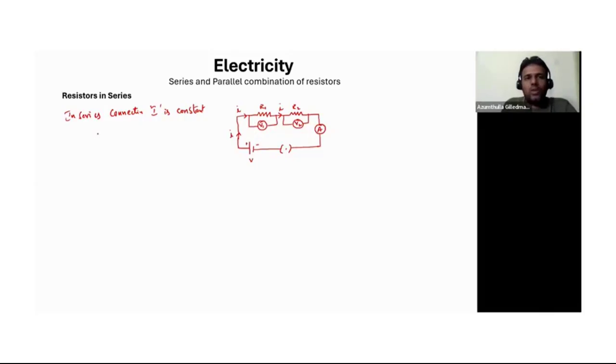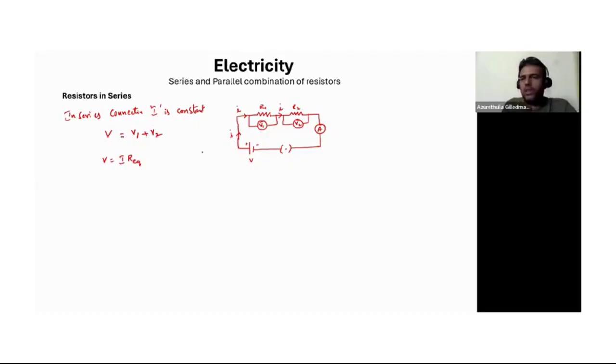Then what is V? V is the potential difference at the source, which should be equal to V1 plus V2, the potential difference across the resistor 1 plus the potential difference across the resistor 2. Then V equals capital I into the effective equivalent resistance. I will say REQ. That is equivalent resistance.